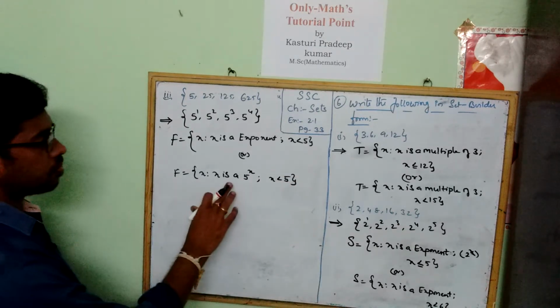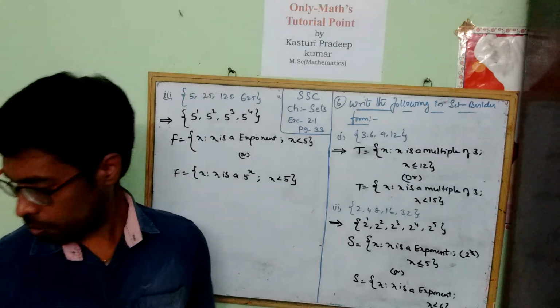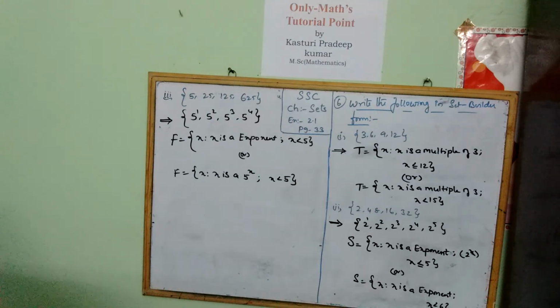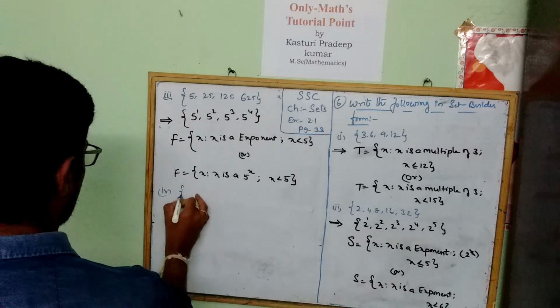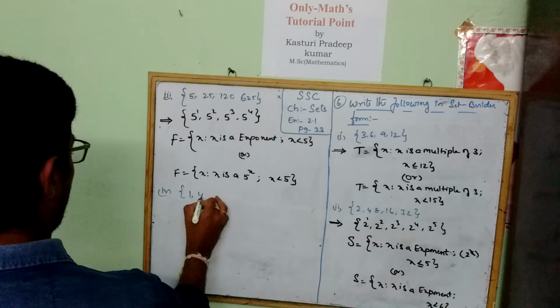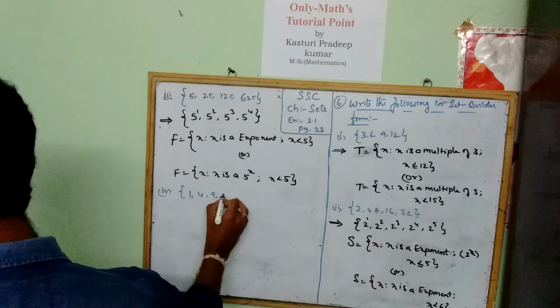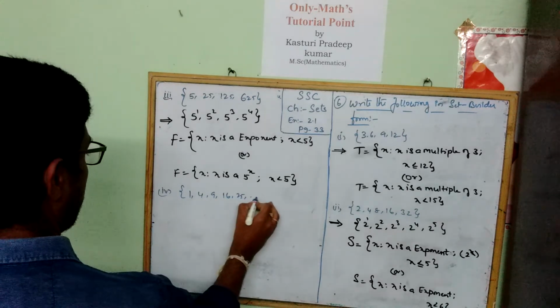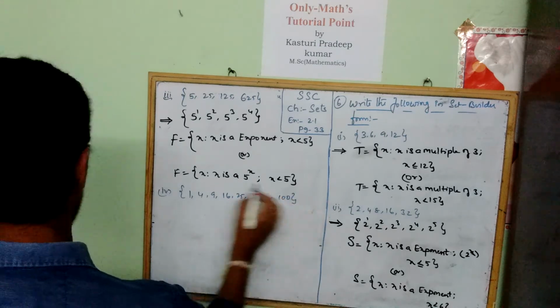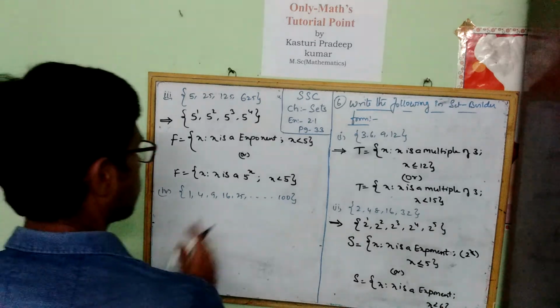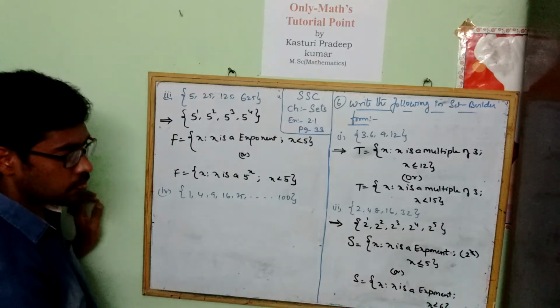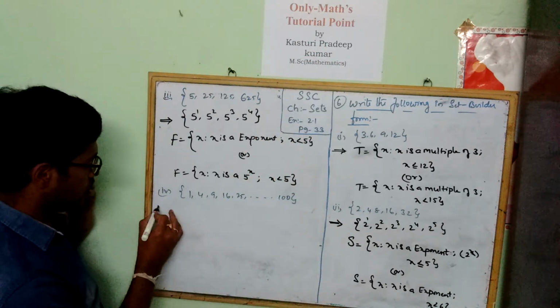Okay, understood? Now what is your fourth one? 1, 4, 9, 16, 25, and so on up to 100. So how to write, guys?